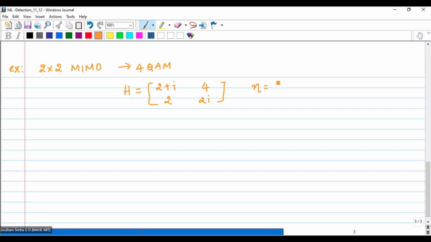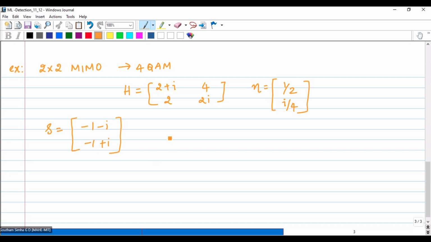And I'll also define noise, N or Z, whatever it is. I'll write it as something like i by 4 and 1 by 2, respectively. Now, the symbol S has to be transmitted. What is your S? That S could be, let's say, minus 1 minus i and minus 1 plus i. Those two symbols have to be radiated.